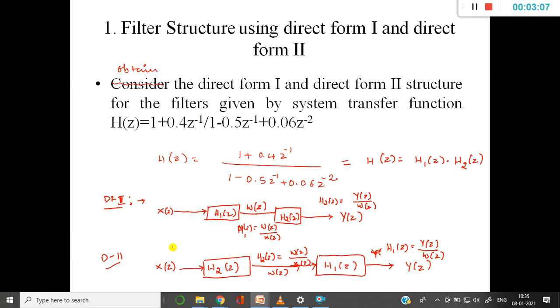One of the important points in moving from direct 1 to direct 2 is that the complexity decreases and the memory is also reduced. So we'll see this with a given example, and try to understand the difference between direct form 1 and direct form 2, and how direct form 2 is more advantageous as compared to direct form 1.